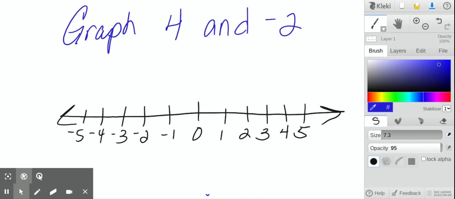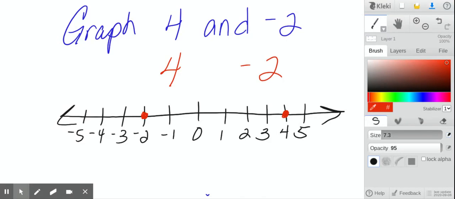Now let's say the direction said to graph 4 and negative 2. So remember, graphing on a number line means plotting a point. So we're going to plot a point at positive 4 and at negative 2. Now, if the direction said to write an inequality to compare these numbers, I would put 4 and I would put negative 2, and an inequality means to use a less than or greater than sign.